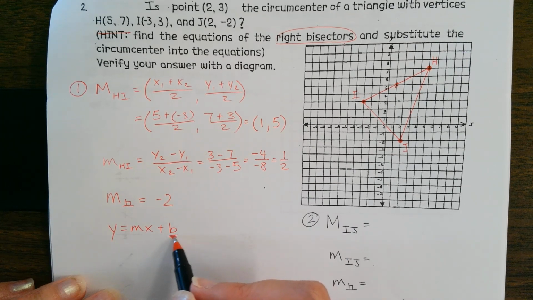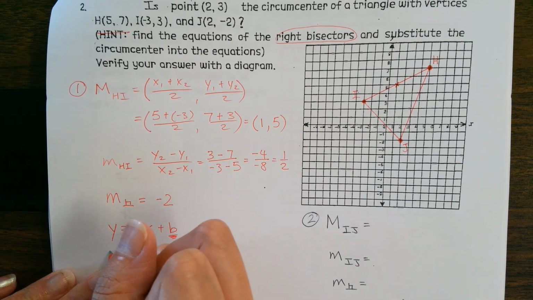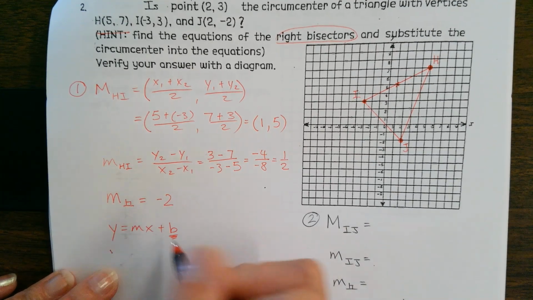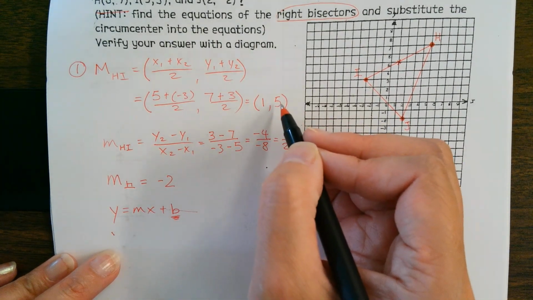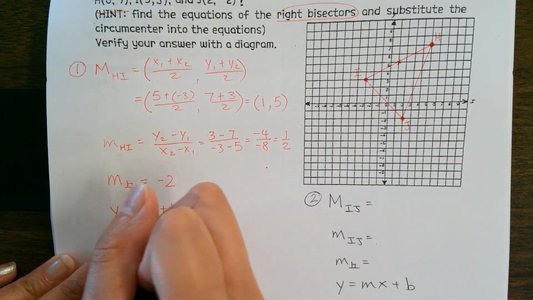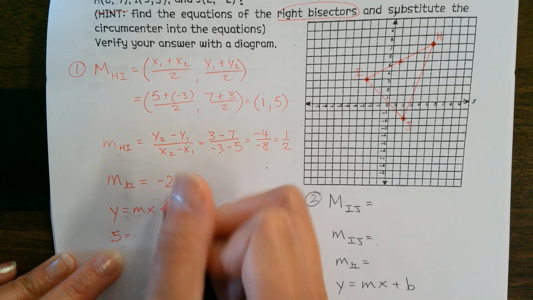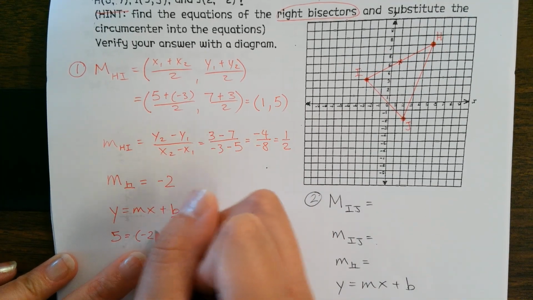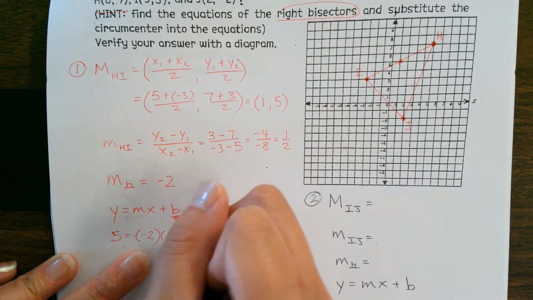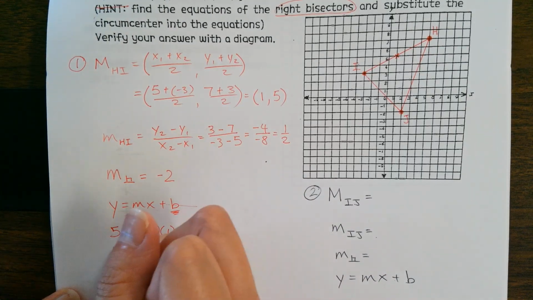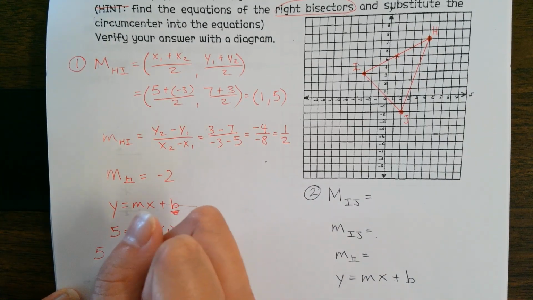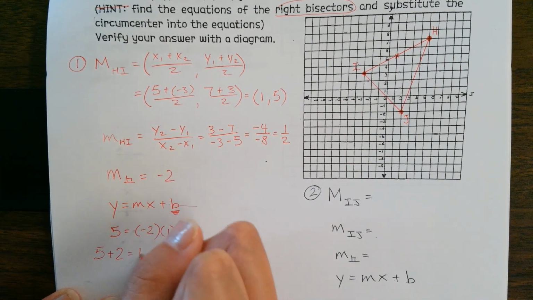Last step to finding the equation, I need to figure out what b is. y equals mx plus b, sub in the values. I'm going to sub in my midpoint, which is 5. Slope is negative 2. x value is 1. When I move the numbers around, this becomes 5 plus 2 equals b.